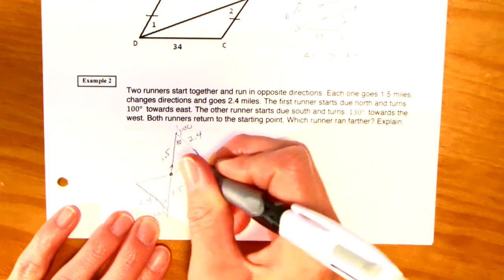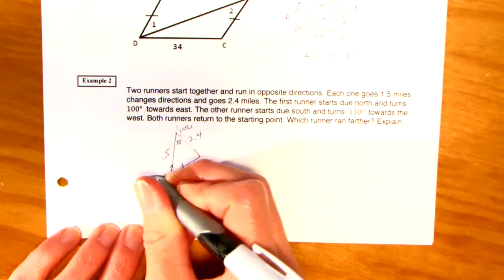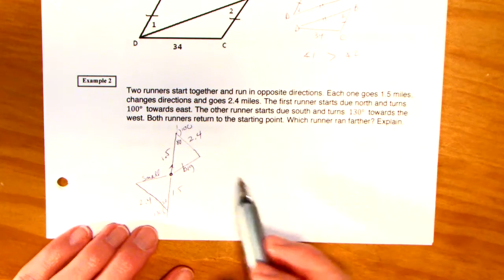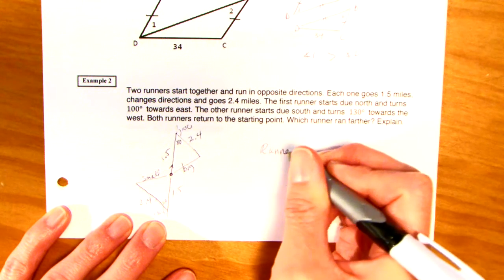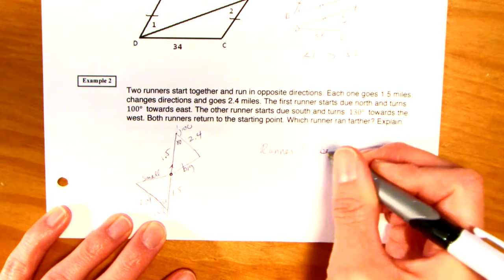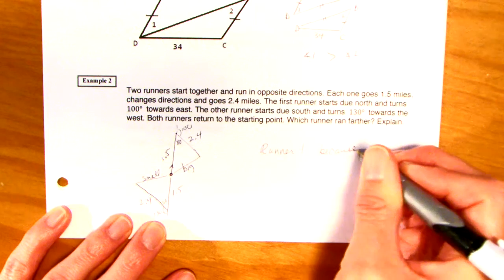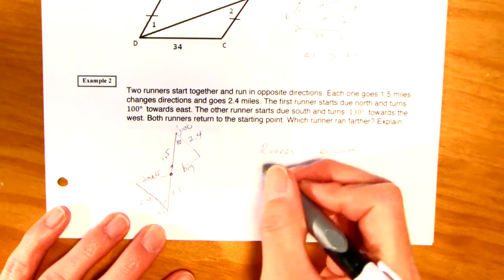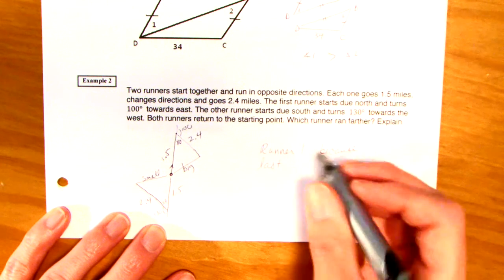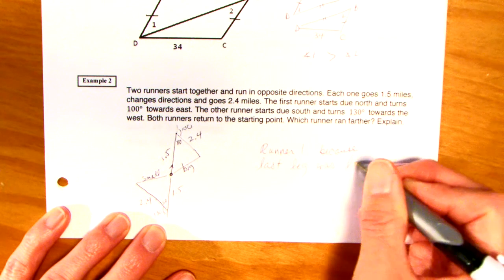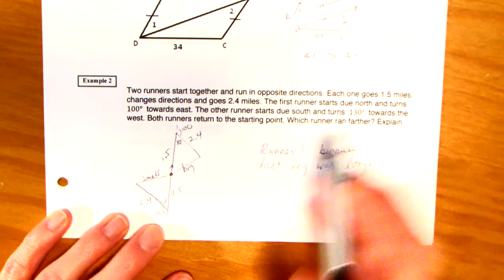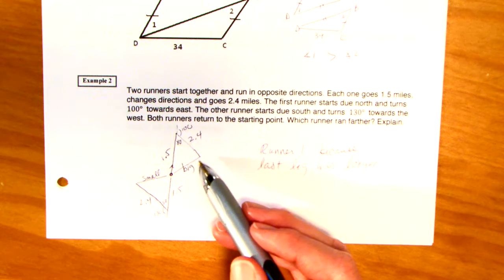I'm going to say big, small. All right, so what do we say, the first runner? Runner 1, because the last leg of their run was longer.